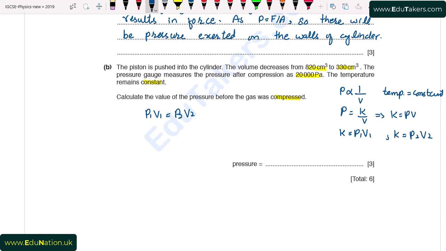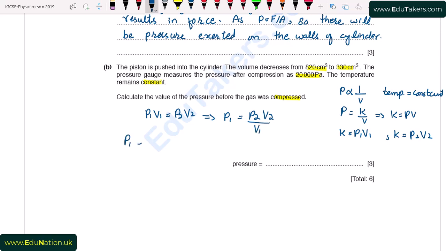Here we have to find out the value of P1, that is the pressure before gas was compressed. So I write here P1 is equal to P2, that is the pressure after the piston is pushed, times V2, the final volume, over V1, the initial volume.